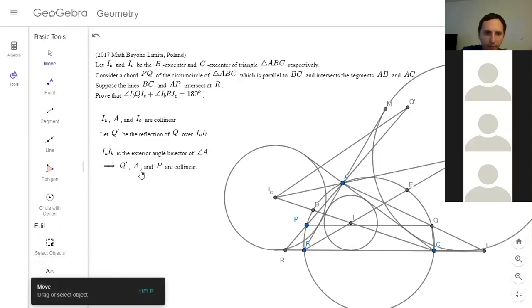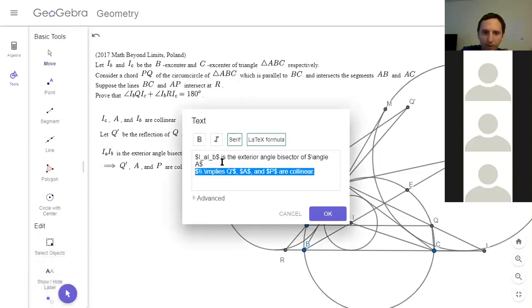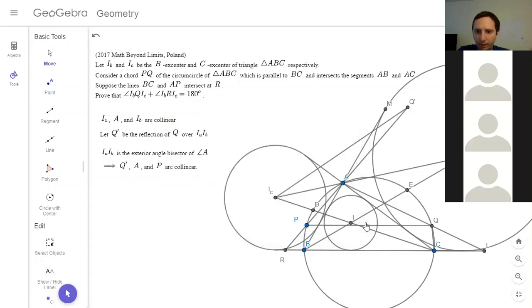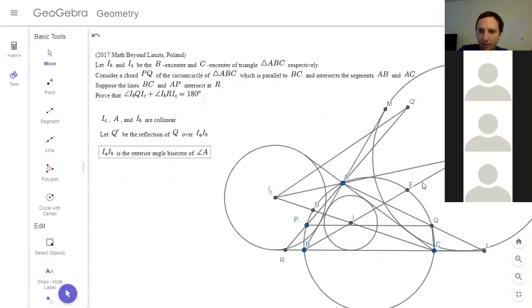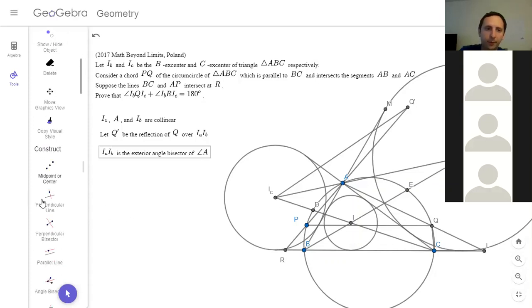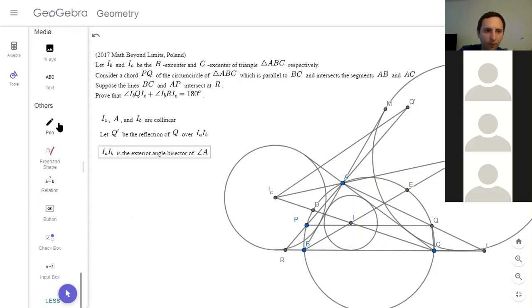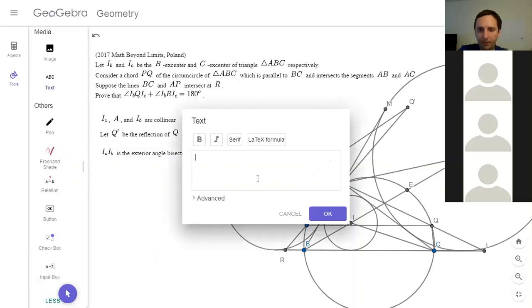there's actually one more step. So we have angle QAC is equal to angle Q prime AM, but QAC is also equal to angle PAB. So first I'm going to write that.